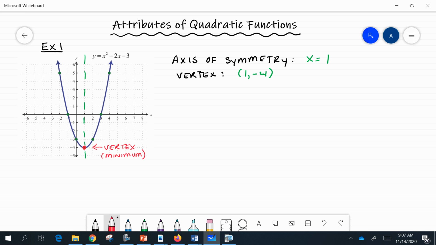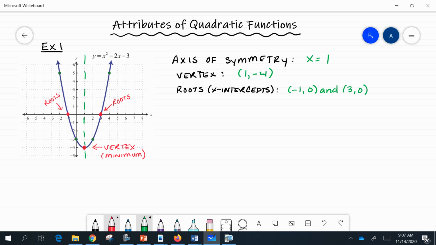The next part of a parabola is these two points right here where it crosses the x-axis. This is what we call the roots. They can also be called the zeros of a function. The roots right here, and I'm going to put in parentheses the x-intercepts, can be expressed as the ordered pairs (-1, 0) and (3, 0).